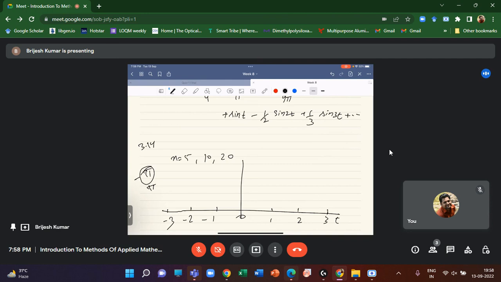At this point it will come like something like that, because our initial function was something like this. If we increase n to 10, then it will become like this. Similarly, as the number of terms increases, this will go like that.